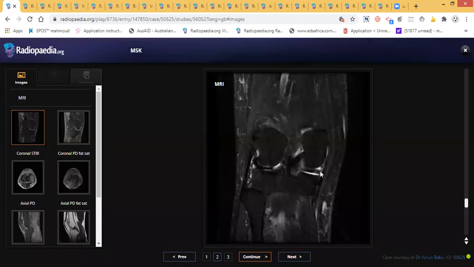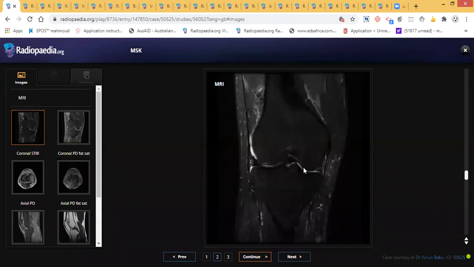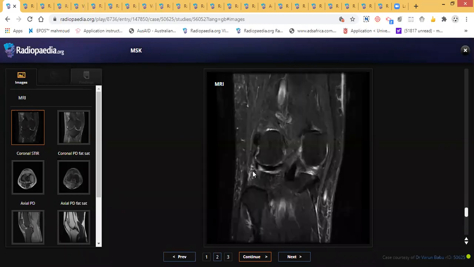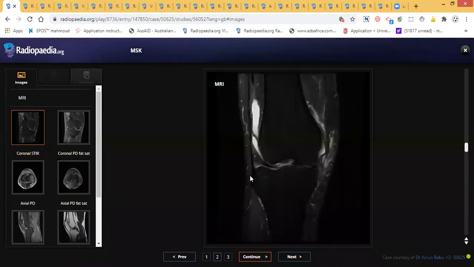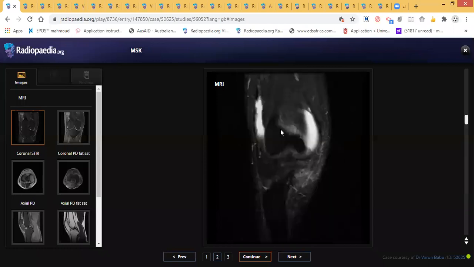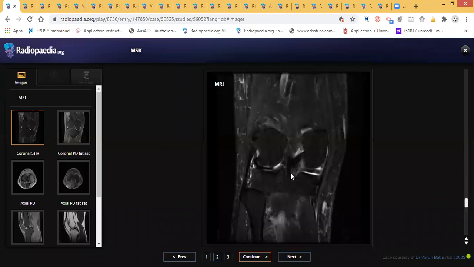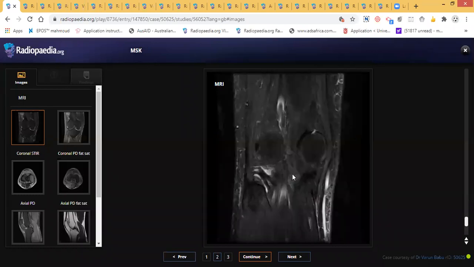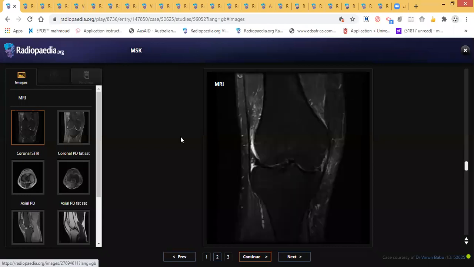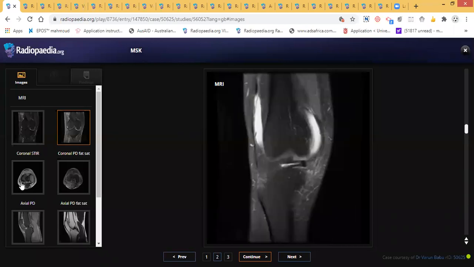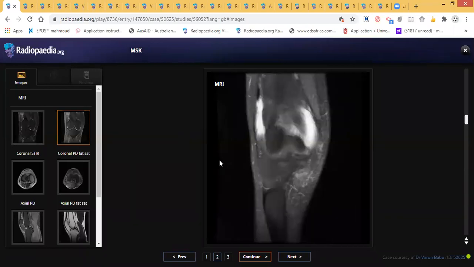So we are checking the menisci, right? If you are checking your menisci and checking again the ligaments, there's some effusion here and some edema here, and the posterior cruciate ligament, right? In the coronal, maybe it's not easy to recognize something, but let's try to check everything in this knee.